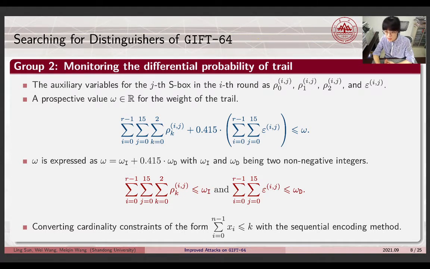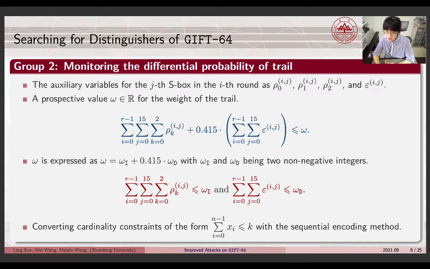However, as the SAT problem is oriented to binary variables, we do not find a feasible method to interpret decimal arithmetic with Boolean expressions. So we rewrite the predictive value omega as omega I plus 0.415 multiplied by omega d, where omega I and omega d are two non-negative integers.